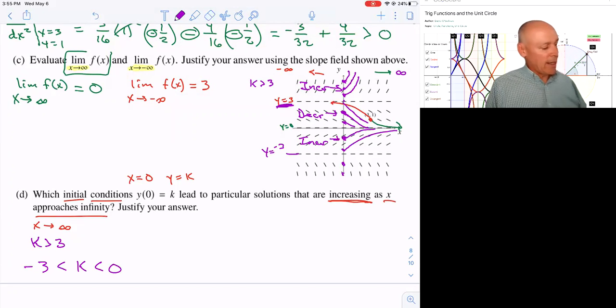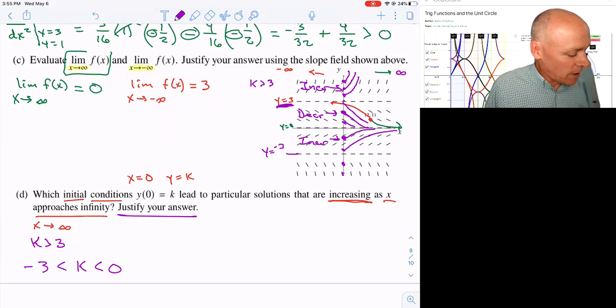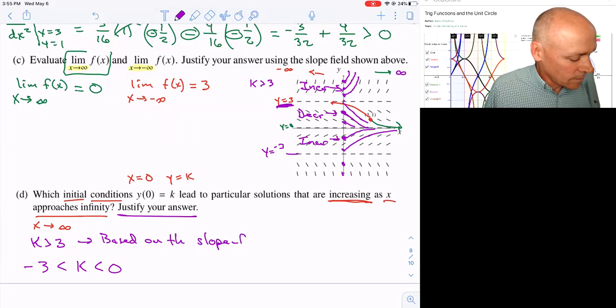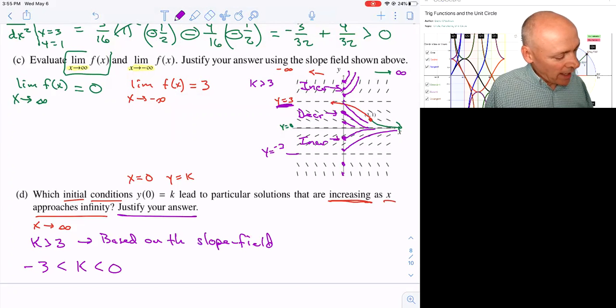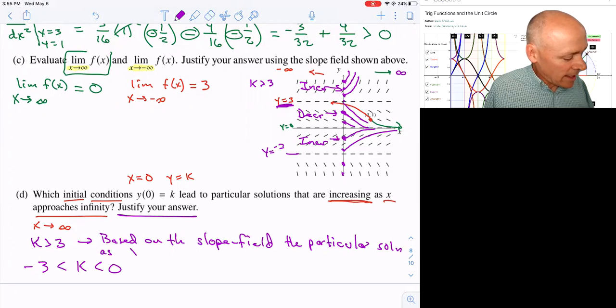Okay? And my justification would just be, for this, based on the slope field, with that initial condition, the particular solution as x approaches infinity increases.